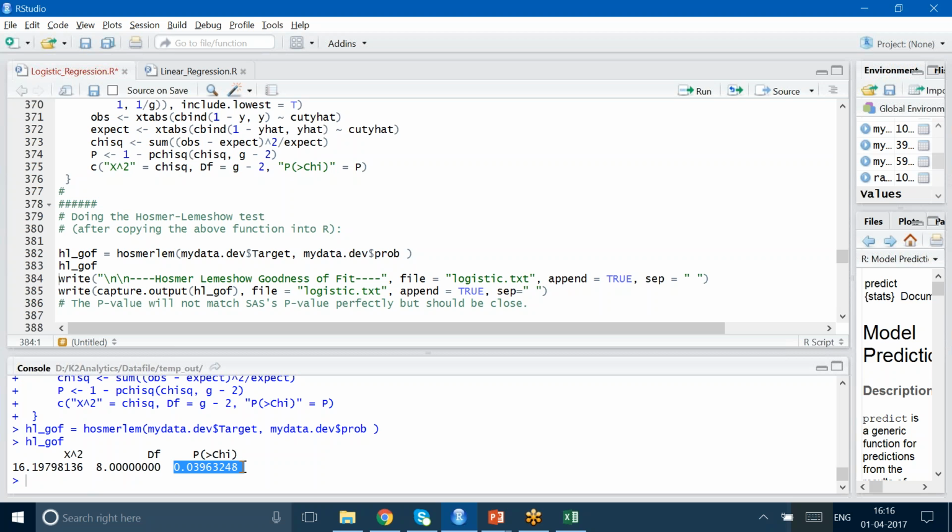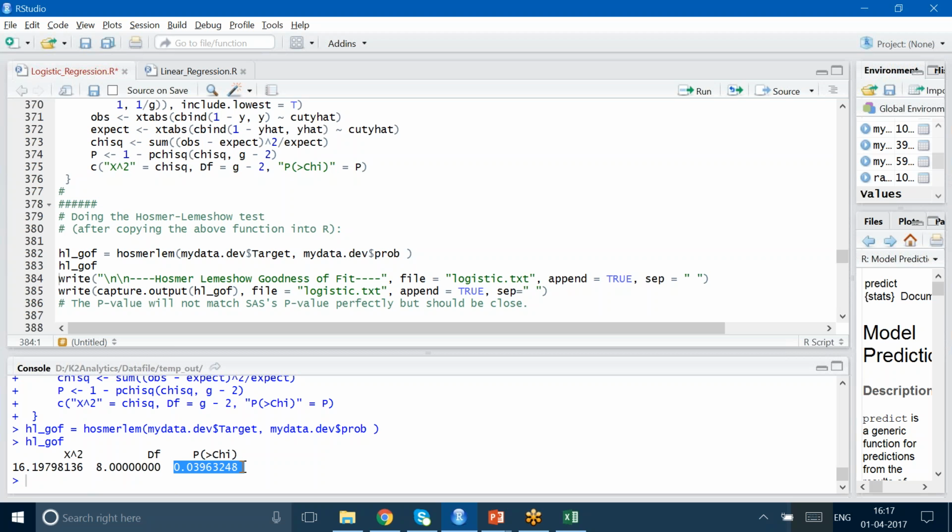So based upon the chi-square test, the Hosmer-Lemeshow test, for the given p-value, the model is not fitting well. What does it mean? It means go back to the drawing board. See your variables.